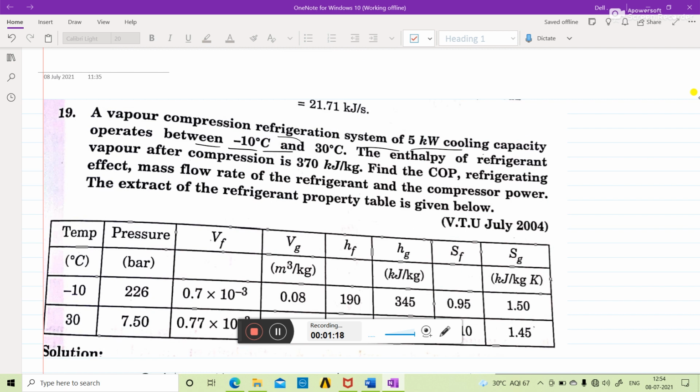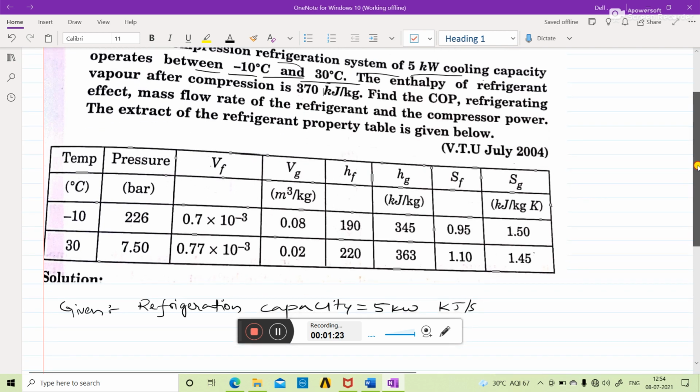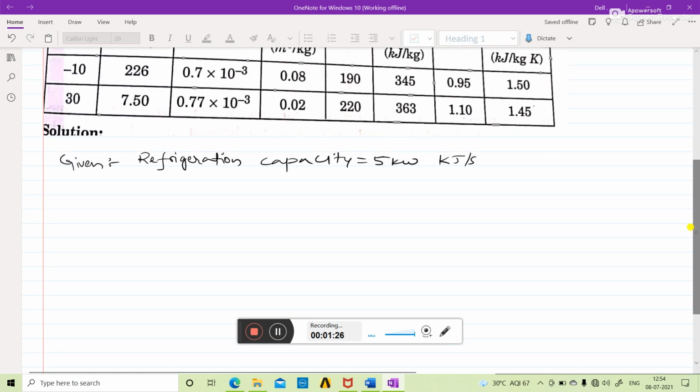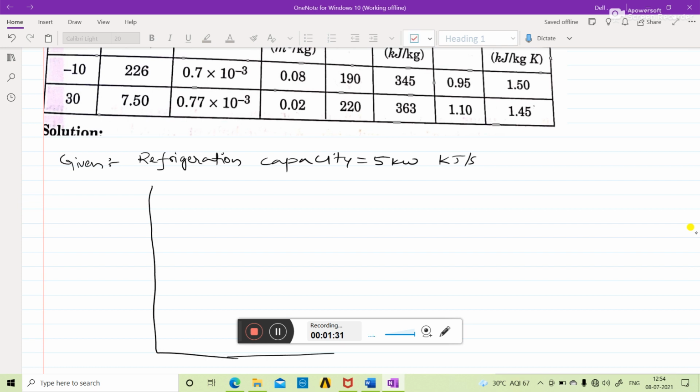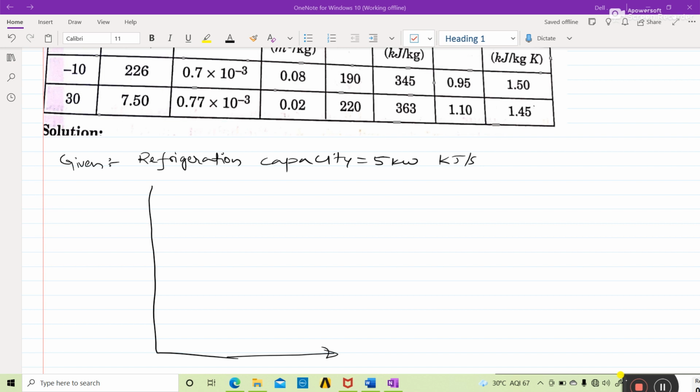It operates between minus 10 degrees Celsius and 30 degrees Celsius. Means if I draw a TS diagram, temperature entropy diagram, the high temperature will be 30 degrees Celsius, and low temperature will be minus 10 degrees Celsius.